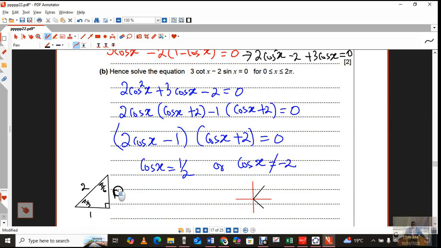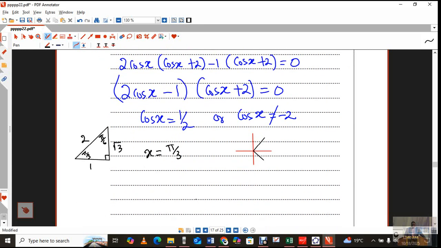This is going to be root 3. You can obviously use your calculator. Cosine x is 1 over 2, so x is nothing but pi over 3. This is the angle we are looking for, our acute angle. In the first quadrant, over here, that's what the angle will be. And then in the next quadrant, we have to go.